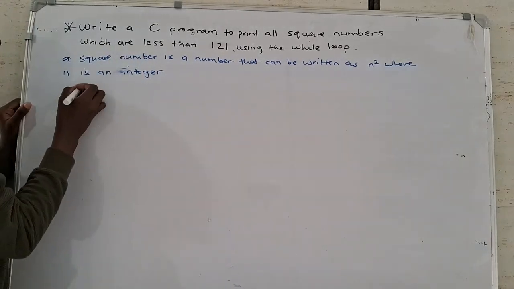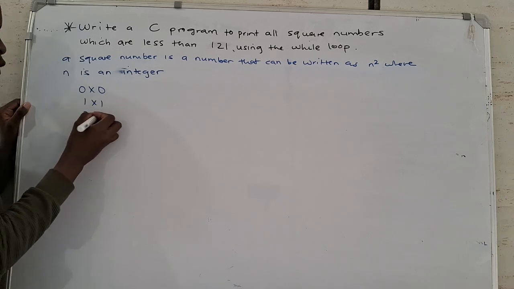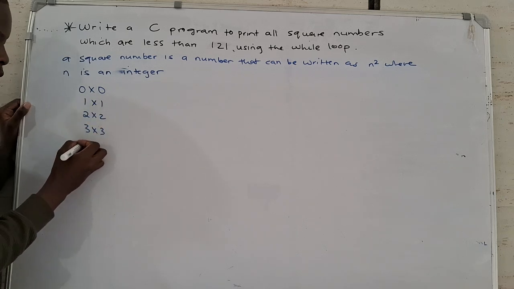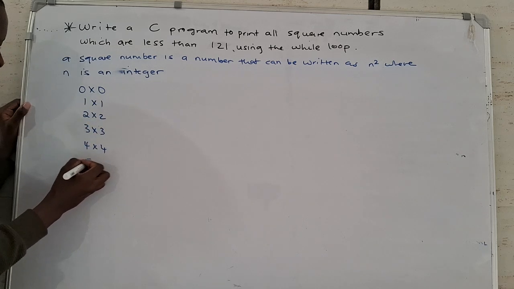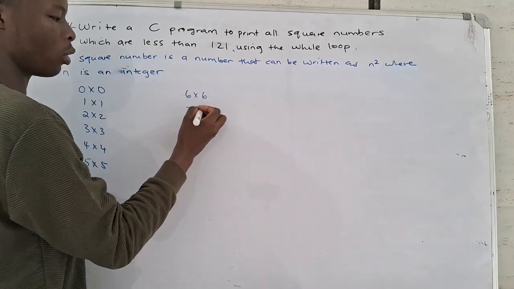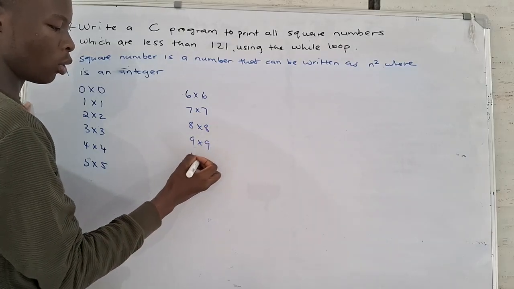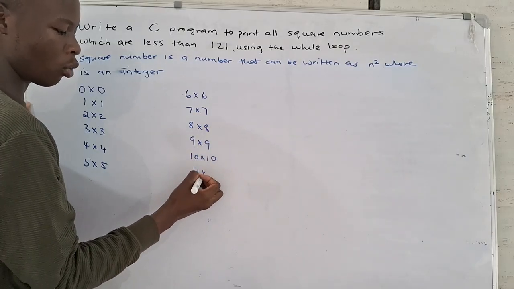So what is the meaning? 0 multiplied by 0, 1 into 1, 2 into 2, 3 into 3, 4 into 4, 5 into 5, 6 into 6, 7 into 7, 8 into 8, 9 into 9, 10 into 10, 11 into 11.